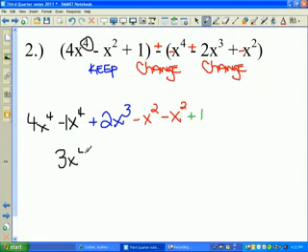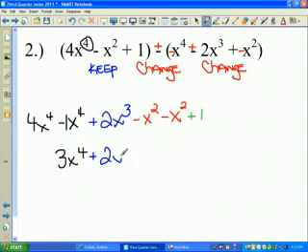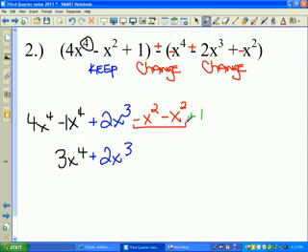3x to the fourth. Then I work on my plus 2x cubed. Now this one, a lot of students were telling me that my x squares cancel out. The only way these x squares can cancel out is if one is a positive and one is a negative. That's not the situation.